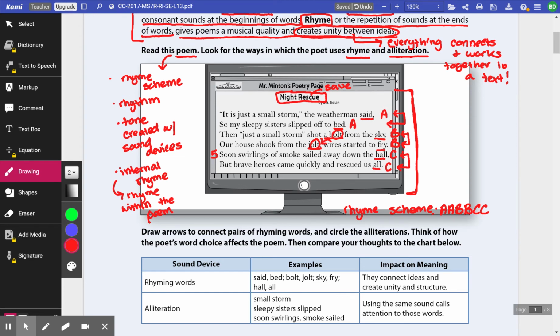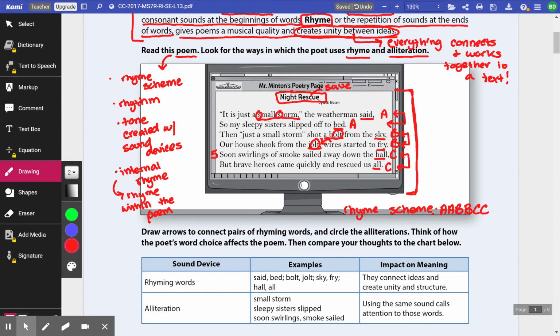Okay, so now that we have found several examples of rhyme, let's look for alliteration. And we know alliteration is the repetition of consonant sounds. So let's see what we can find. All right. So, in line number 1, it is just a small storm, the weatherman said. So, small storm would be one example because they both begin with that same sound at the beginning.